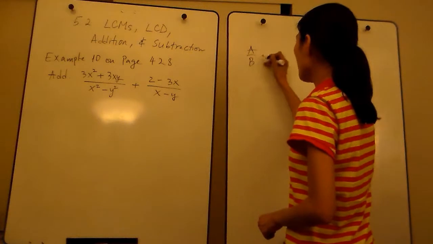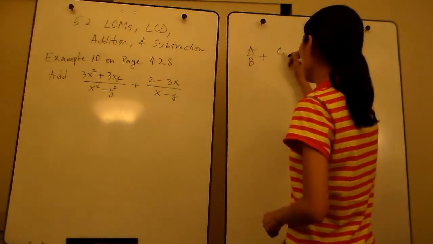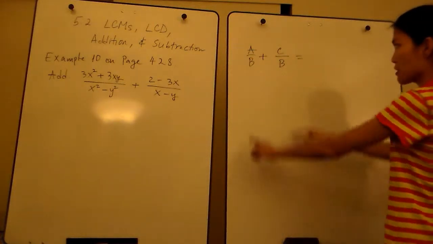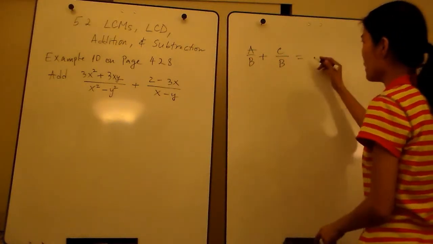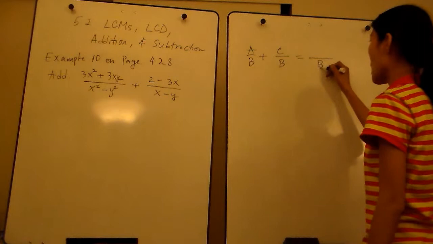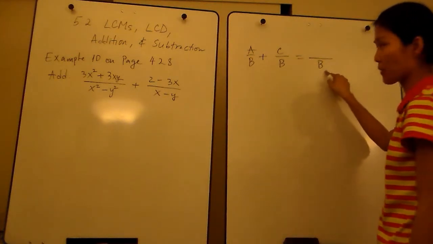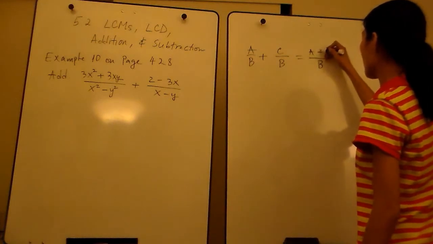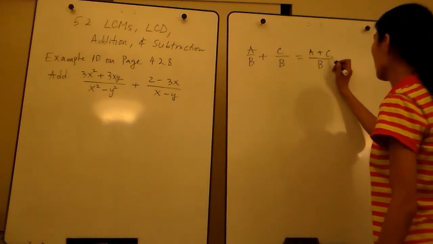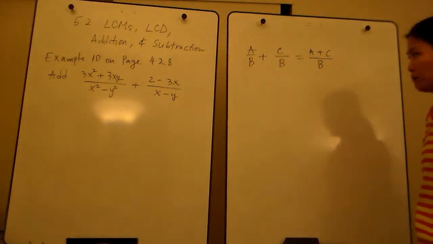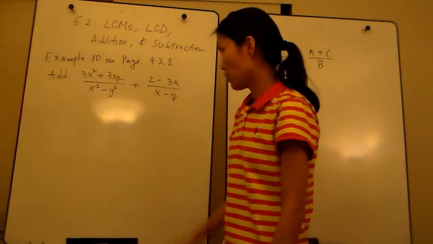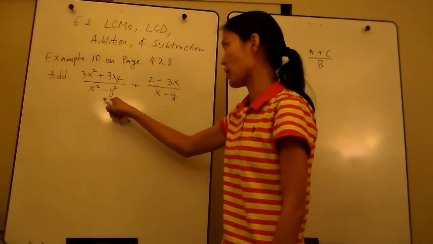A divided by B plus C divided by B. If both fractions have the same denominator, which is B, you can combine them. Just write the denominator as B and add the two numerators, A plus C. Now, for this first fraction, its denominator is x squared minus y squared.